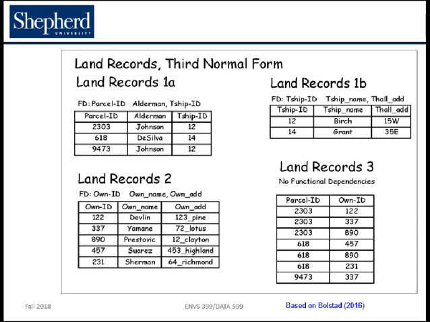And again, the saying that we can use is every non-key attribute depends on the key, the whole key, and nothing but the key. And again, this land records table was taken from figure 825 in the text, and we see here in this slide the third normal form.